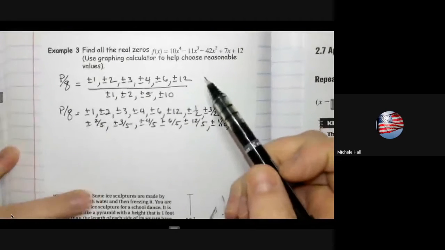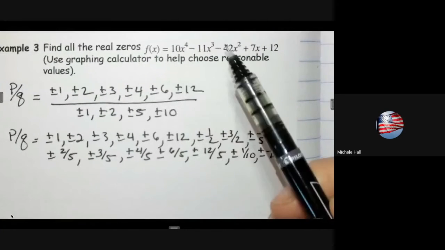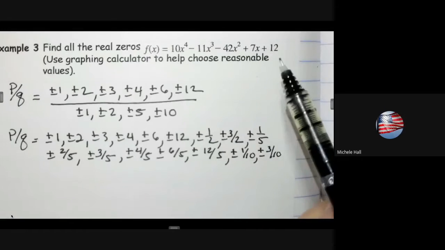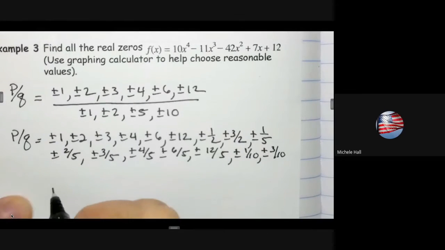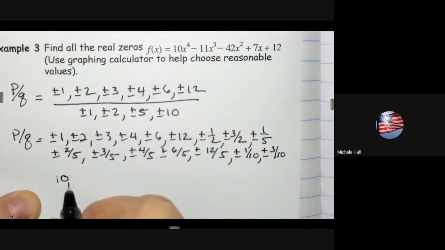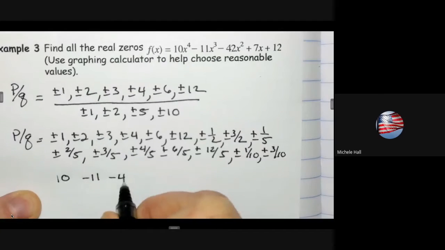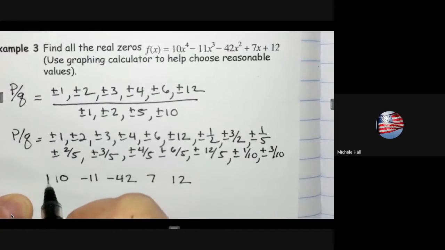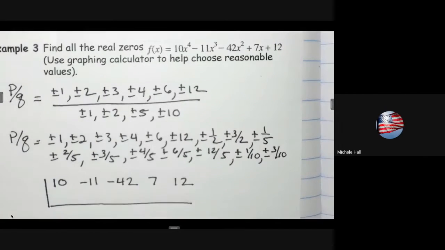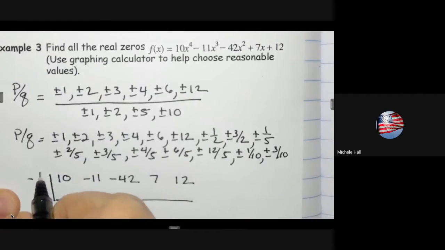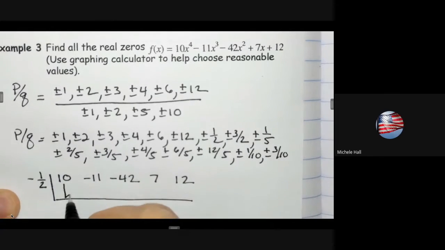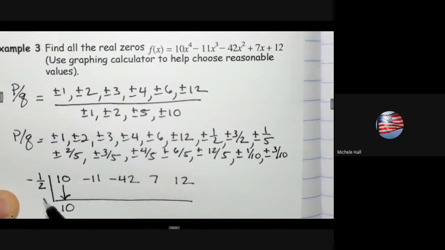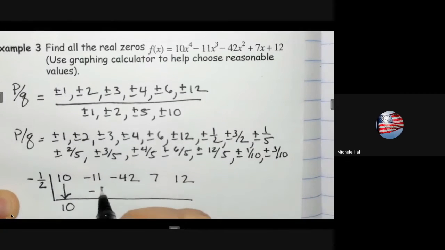Setting this up, we have x to the 4th, x to the 3rd, x squared, x, and the constant. So we're all set on our numbers. We have 10, -11, -42, 7, 12. We're going to try a -1/2. Bring down 10. Half of 10 is 5, so -1/2 times 10 is -5.